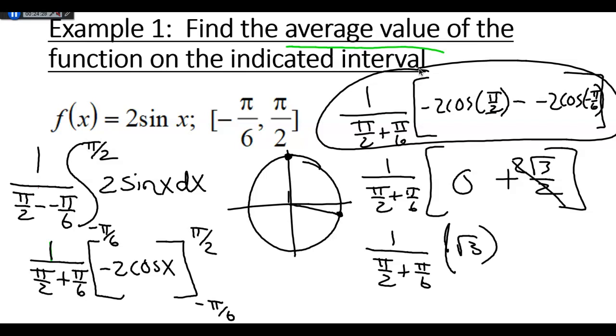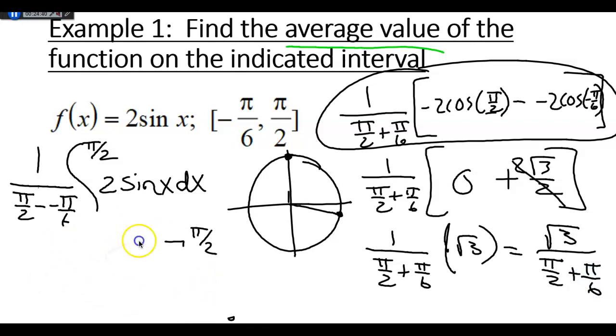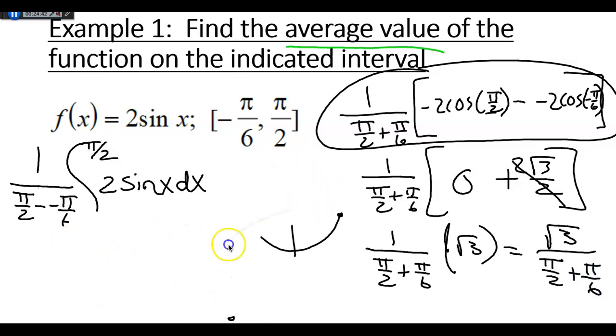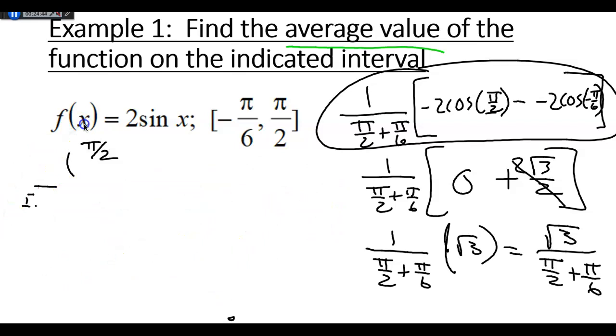So now we've got radical 3 here. We're going to multiply and we're going to get this. We're almost there, but we don't like improper fractions. Do you guys remember how we handle improper fractions? Multiply by the little denominators. What would be a good denominator to multiply by? The 6, because the 6 will cancel the 6 and the 2, right?